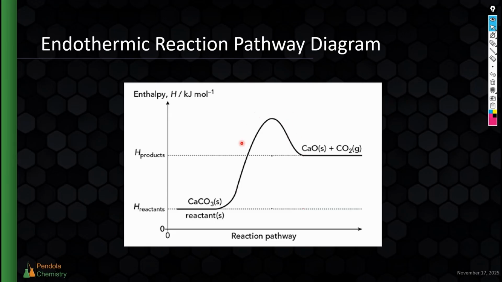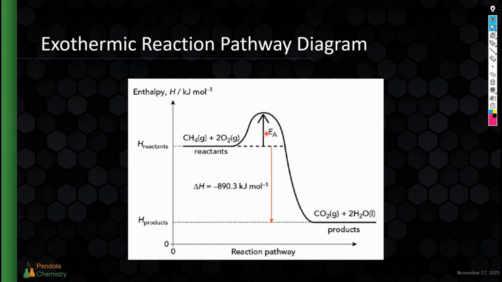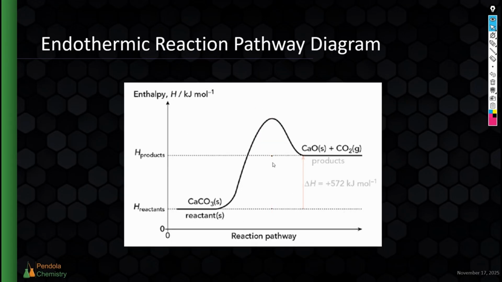But then connecting the reactants and the products, we will have that hill that is representative of the activation energy. The activation energy is from the reactants up to the top of the hill. And again, that's whether it's endothermic or exothermic, from the reactants up to the hill. And then the enthalpy change will be the distance from the reactants to the products.